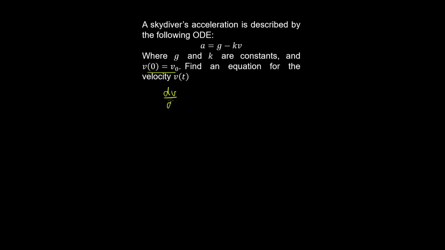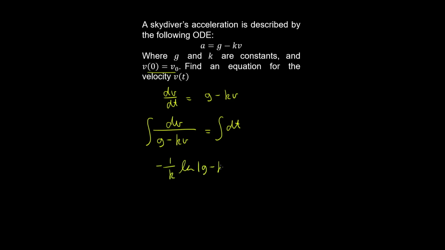So we have the acceleration is equal to g minus kv, and we can separate the variables, so dv over g minus kv is equal to dt, and then integrate both sides. So on the left hand side you can use u substitution, so what you'll get is minus 1 on k times the natural log of g minus kv is equal to t plus the constant of integration.